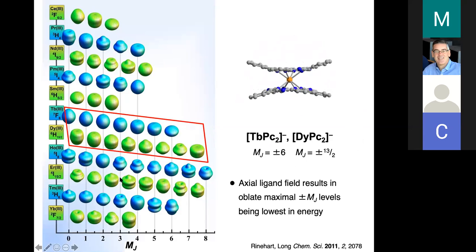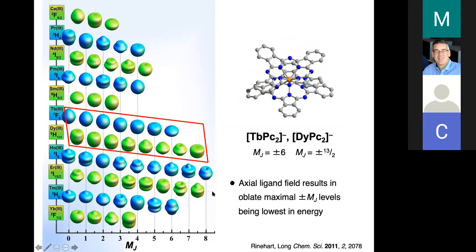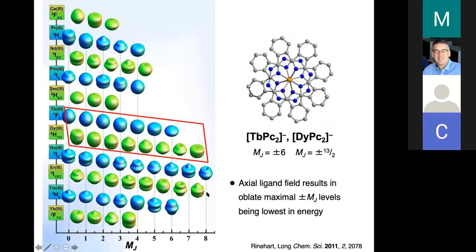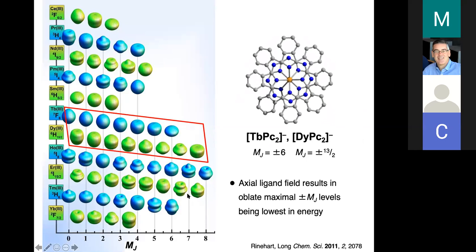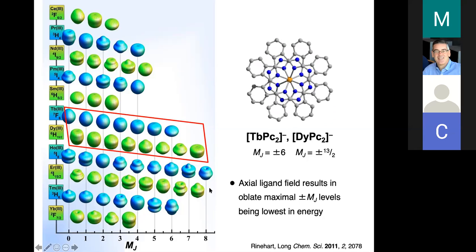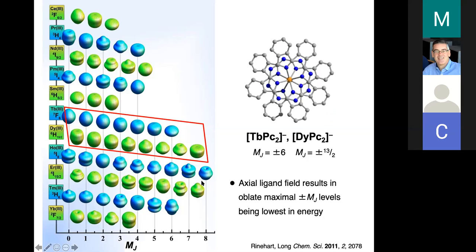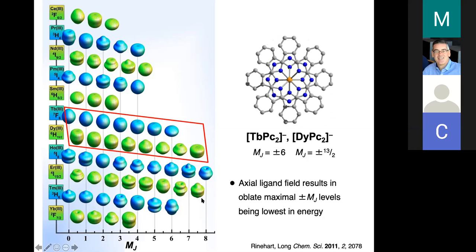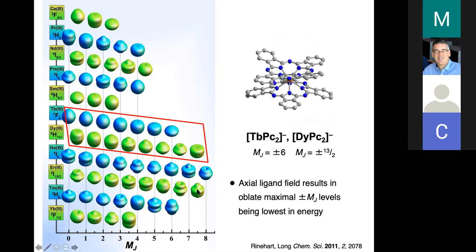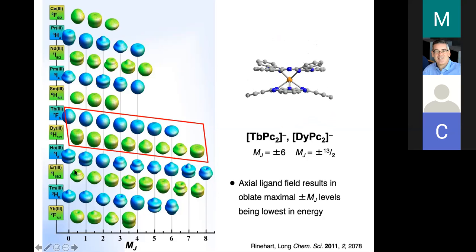If you wanted to make an erbium 3 plus into a single molecule magnet, what you'd want to do is try to have a ligand field that really avoids one of these shapes, and makes those the ground state, compared to these other shapes.